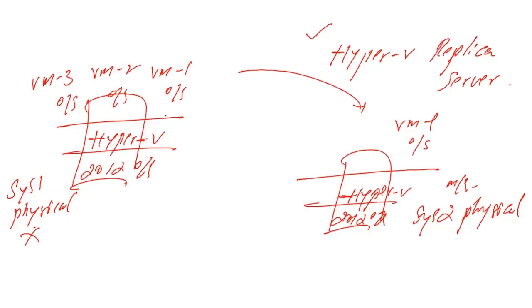If in future I'm adding some new data in VM1, automatically that data will also be added in system 2 VM1. If I'm adding some services here like IIS, the same service will also be added. But remember, this server is on standby. This server is what here? Standby, because these servers are running here.